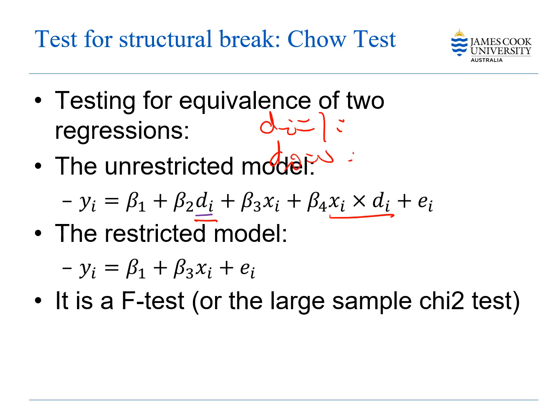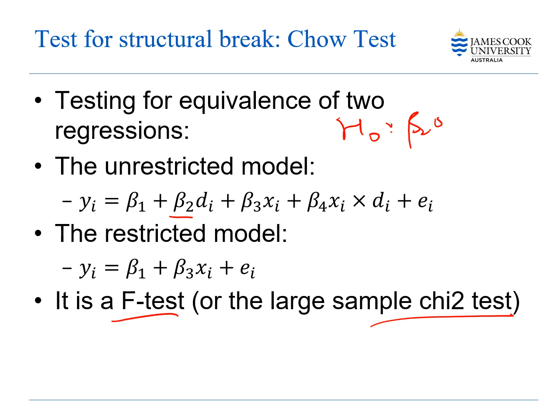Now we might want to test whether these two regressions are equivalent to each other. We can do this with an F-test or using the large sample chi-square tests. Our null hypothesis is that beta 2 is equal to 0 and beta 4 is equal to 0.